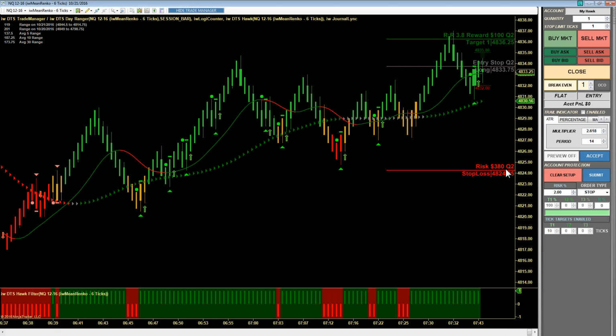I'm not sure I would go in for the whole amount. Rather, I think I would reduce my risk, only put a single on it, just because the market hasn't really been following through very much today.